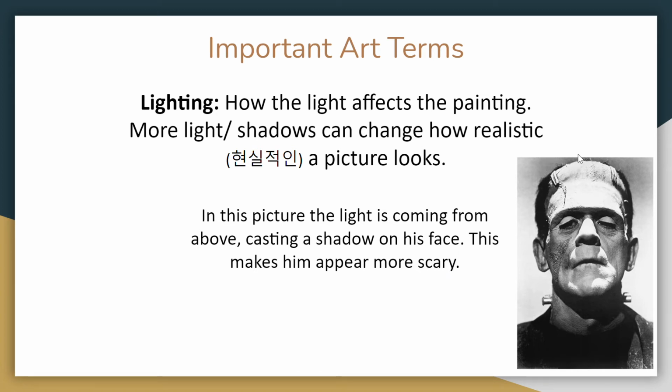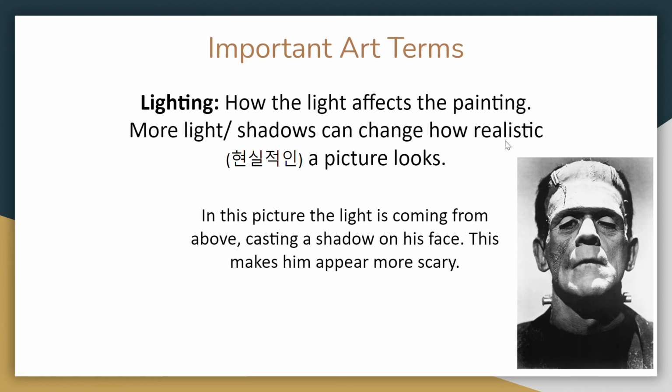Because there's a shadow, his face is darker, which makes him look more scary, more intimidating, right? If there was no light, if there was no shadow, and you could see his normal face, he would not be as scary. So lighting can be important to make things more realistic.